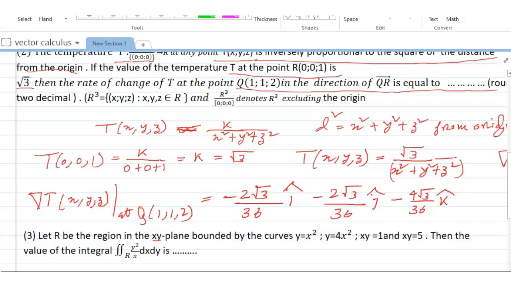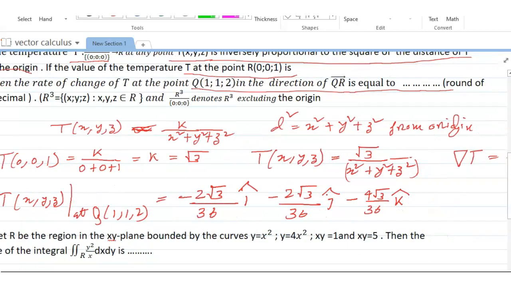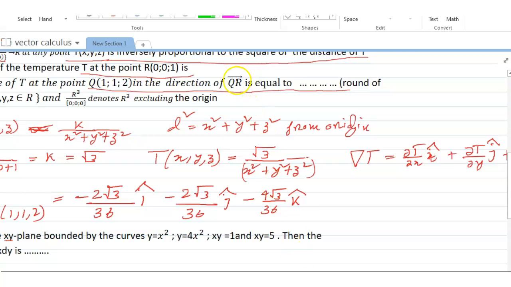This is my value at Q equal to (1, 1, 2), and now the distance r is included.